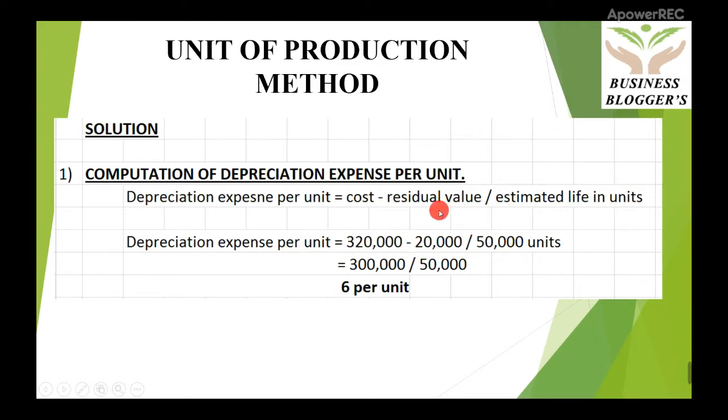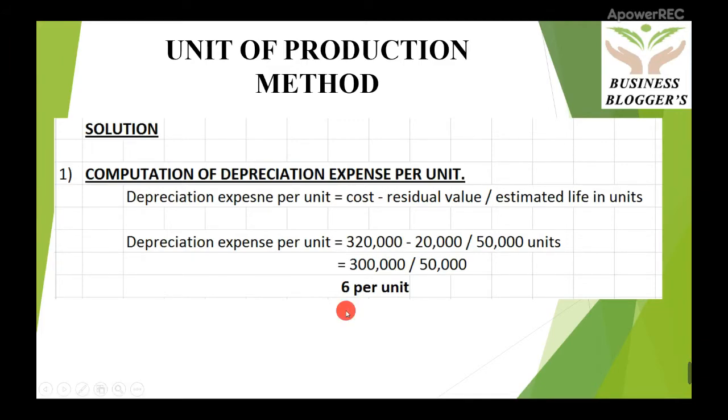Residual value, salvage value, and scrap value are the same words. Okay, put all values in the formula. The cost value is given in our example, as well as the residual value and the 50,000 units. When we calculate this formula, the depreciation is 6 rupees per unit.